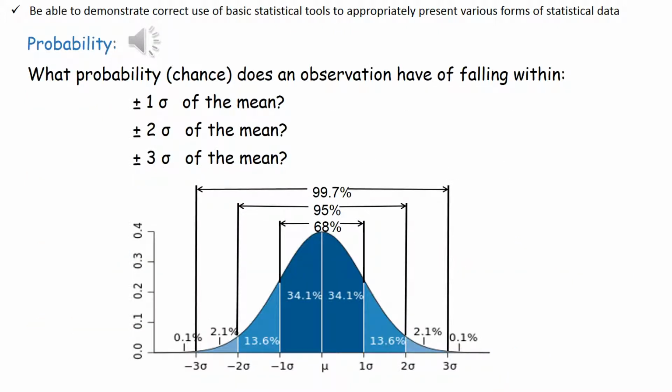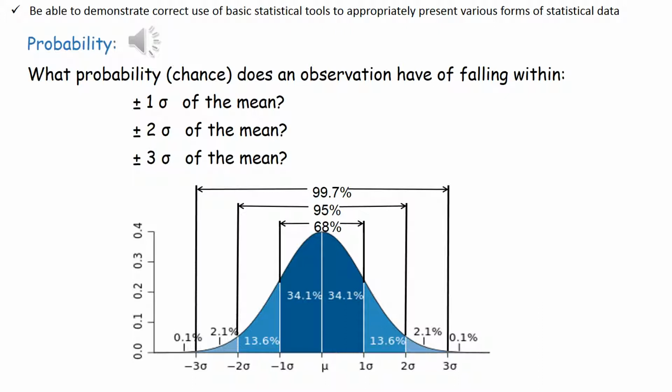If we were to apply the logic of probability to our standard deviation chart, which tells us that 68% of the population should fall within one standard deviation of the mean, the probability of any observation falling within one standard deviation of the mean is therefore 68%.